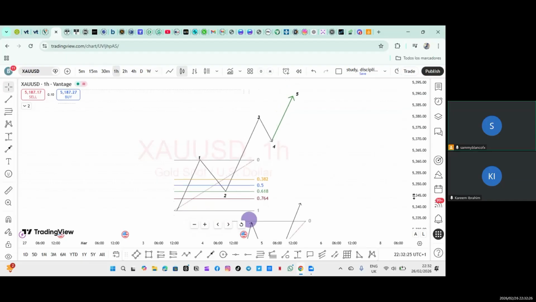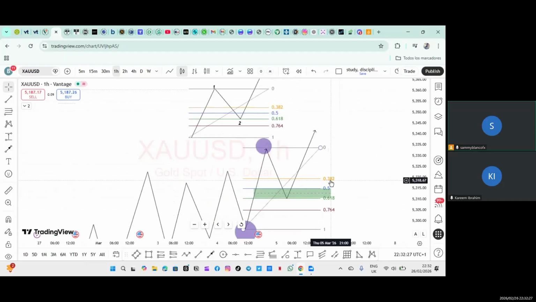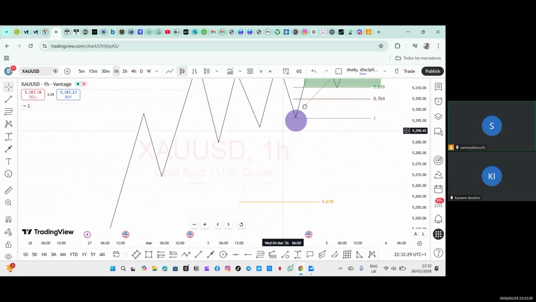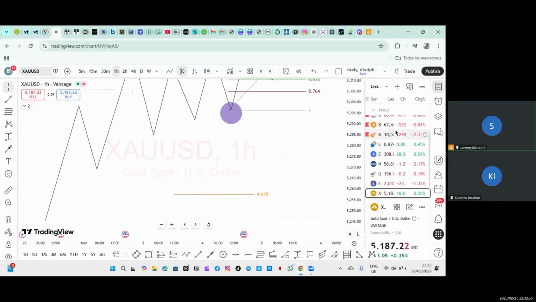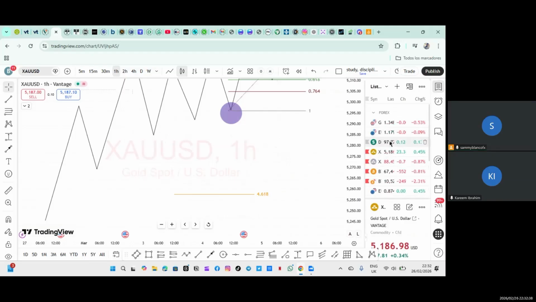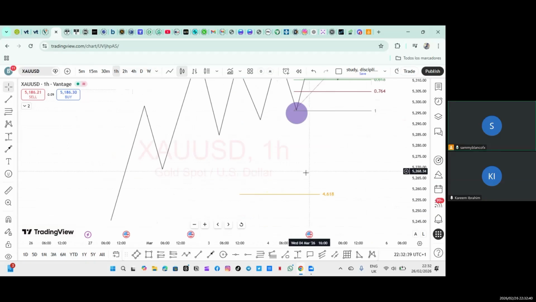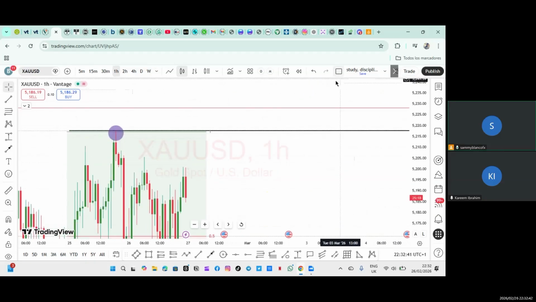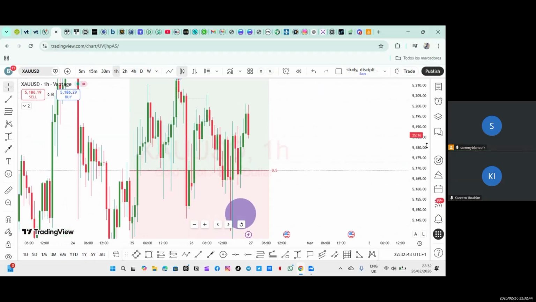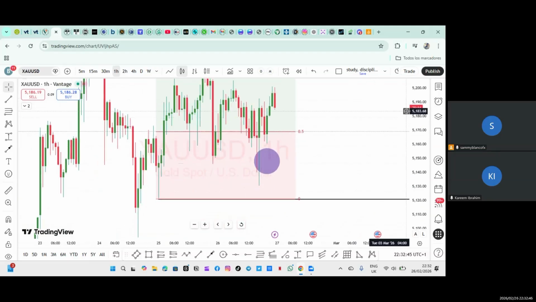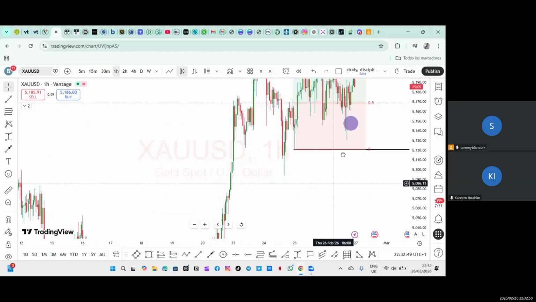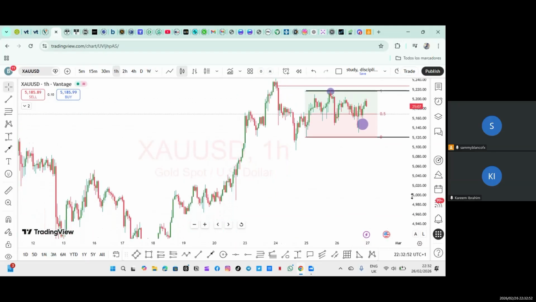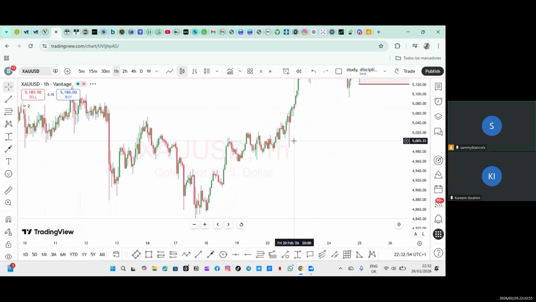So what is my point here? When you are on your chart, let me go back to the previous chart, the gold chart. Let me use this one exactly. Now, this is what I wanted to explain to you.